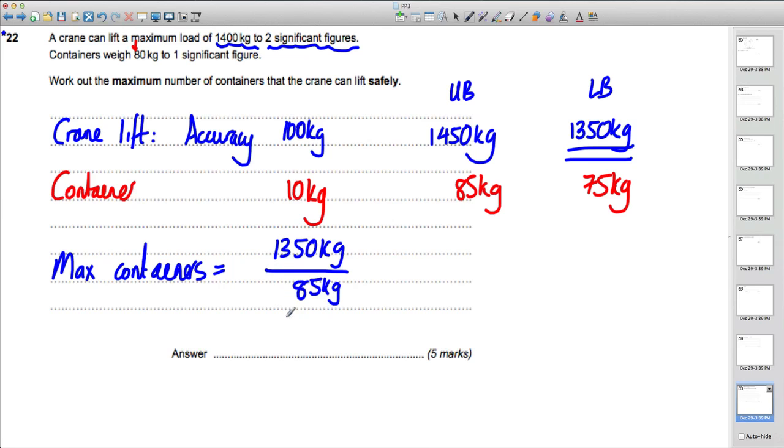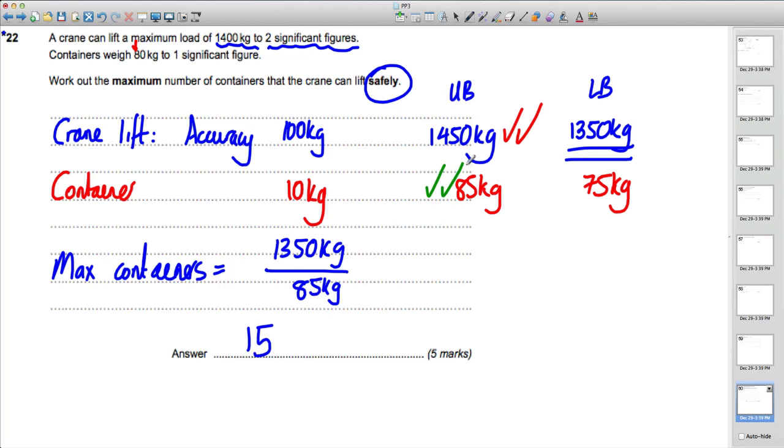You can't have 15.8 containers, so you would go to 15 containers. For safety, 15 is the maximum you would risk, because you would assume the crane was as weak as it could possibly be based on your measurements, and you would assume that the containers are as heavy as they could possibly be based on your measurements.